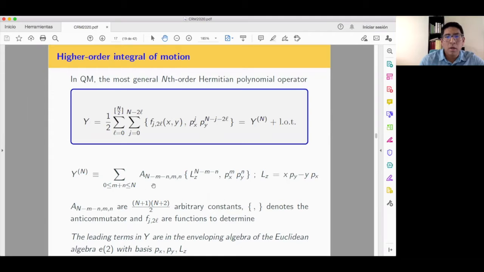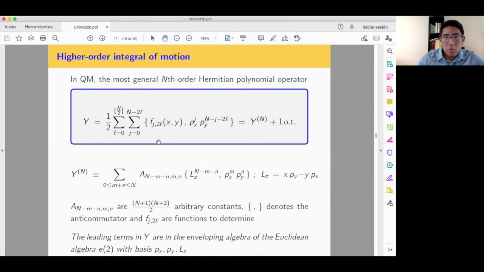We can write the leading terms using elements of the enveloping algebra of the Euclidean algebra E2, with basic elements Px, Py, and Lz. Lz is just the z component of angular momentum. And here we have arbitrary constants, this capital A. They are just parameters. And these parentheses now denote anti-commutator.